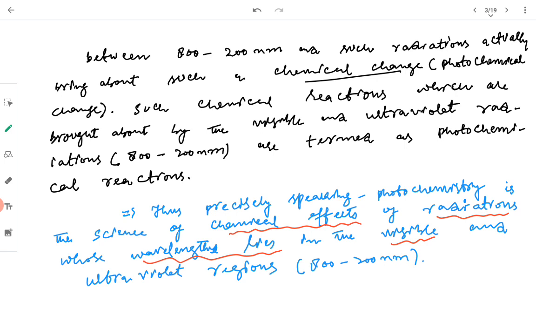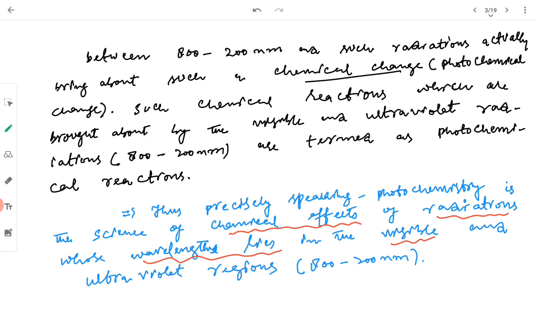So such chemical reactions which are brought about by the visible and ultraviolet radiations are termed as photochemical reactions. The activation energy for a chemical reaction can be provided mainly in two forms. One is the thermal energy, another is the photochemical energy, by the help of light.